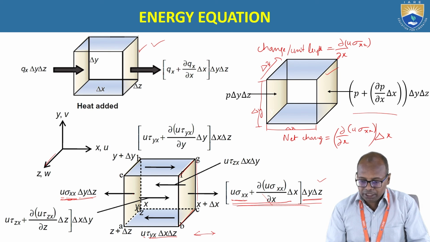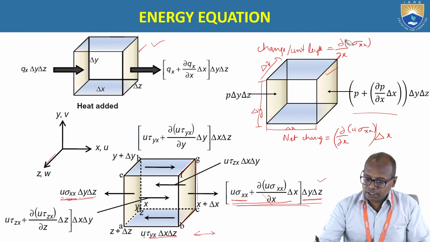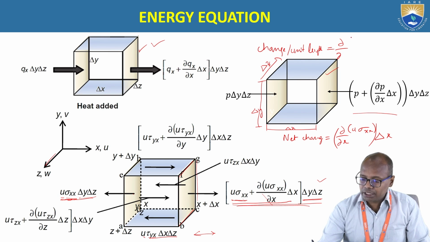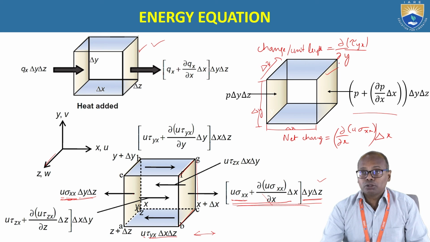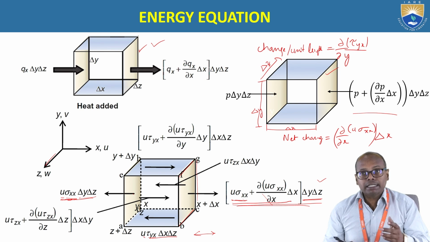So since it is varying in y direction, what I will write here, what is the change per unit length? It is tau yx. It is changing in y direction, so I have to put here y. So it is dou by dou y of tau yx. Now what is the net change?